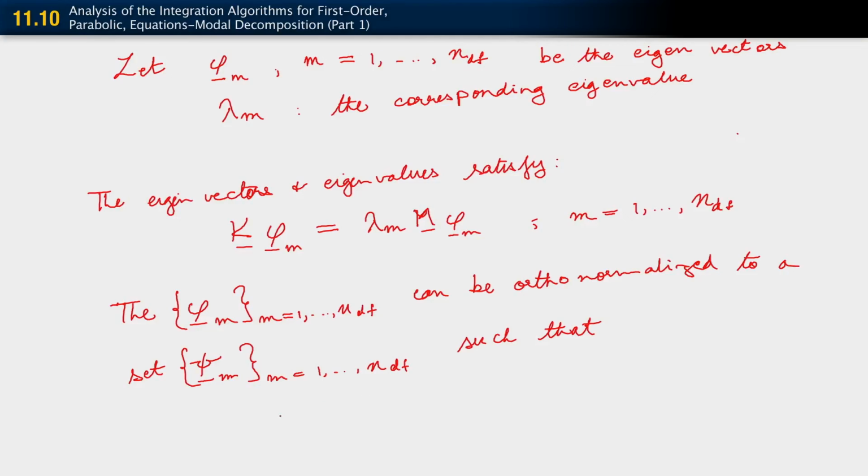What that means is the following: if we take psi m and dot it with m, the mass matrix, times psi k, this product is delta m k, where delta is our Kronecker delta. So this is the Kronecker delta.